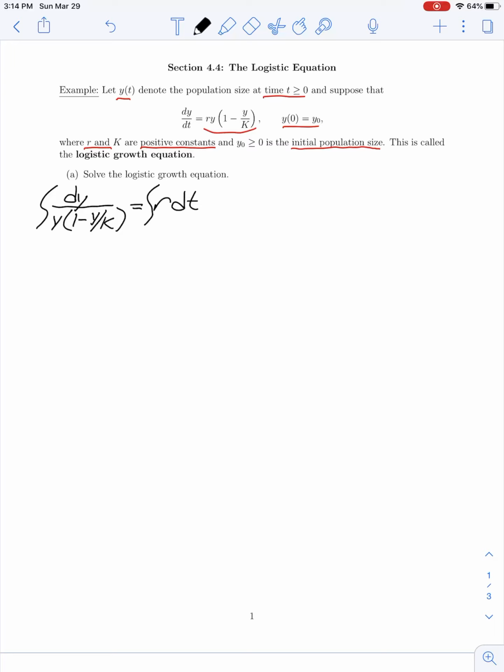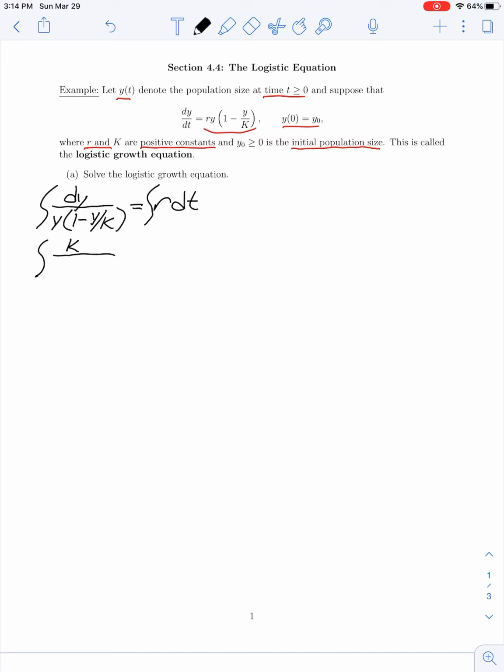And to integrate the function on this left-hand side, well, we see it's a fraction. So we could try a substitution. Here, a substitution doesn't work out very well, and we're going to have to make use of partial fractions to integrate this. So before we look at the partial fraction decomposition, let me rewrite this function in terms of y in a little bit simpler form.